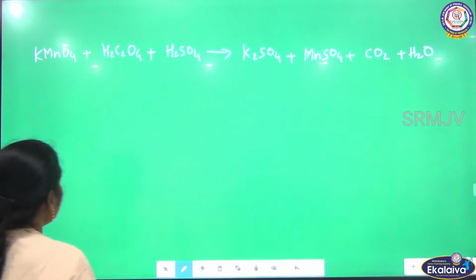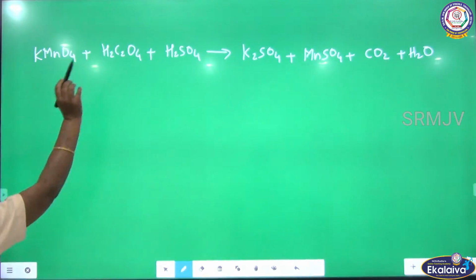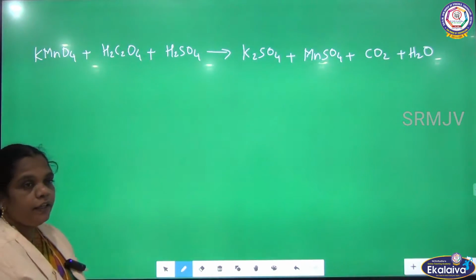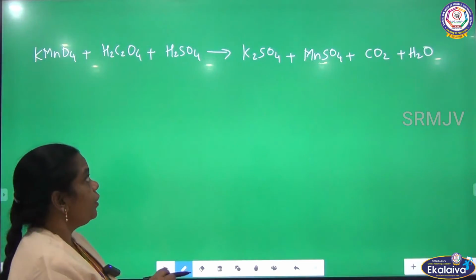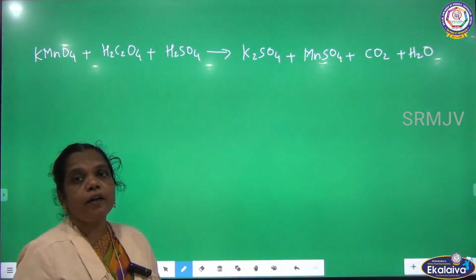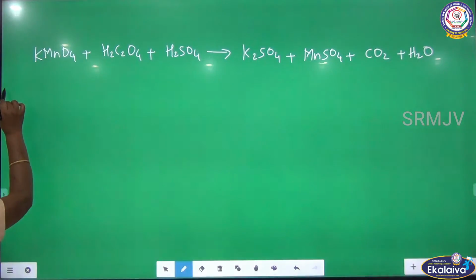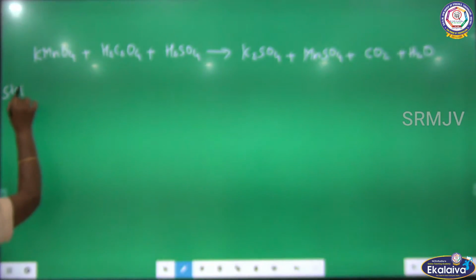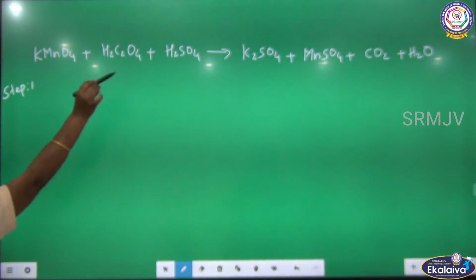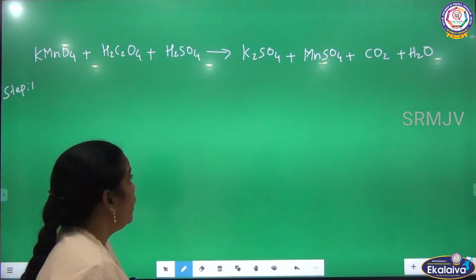So now the given equation is potassium permanganate, acidified oxalic acid, to give potassium sulfate, manganese sulfate, carbon dioxide and water. Now the first step, step 1, you have to assign the oxidation number for all the elements.